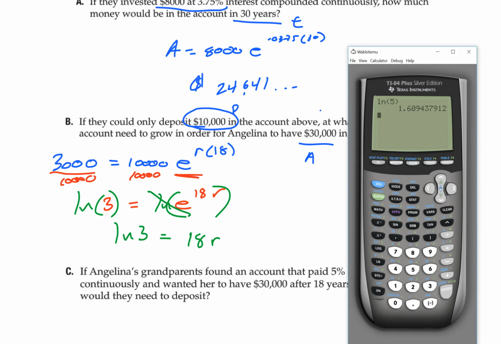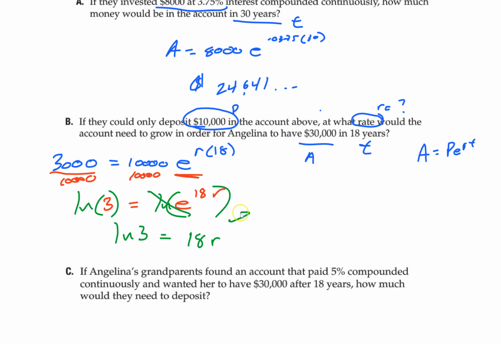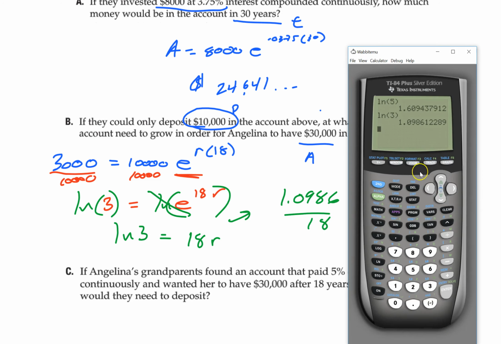So we've got to figure out what that actually is. The natural log of 3 is 1.0986. And then, approximately, because I rounded, divide by 18. Now on my calculator, I'm just going to leave that in there, right? I have my answer. I'm going to use that. Just leave it and hit divide.